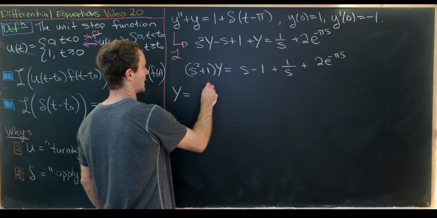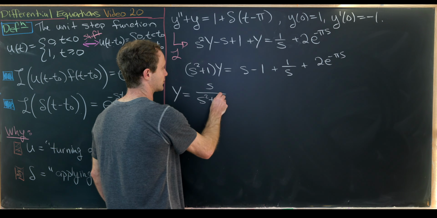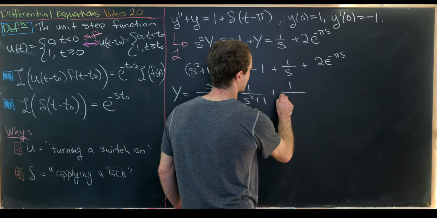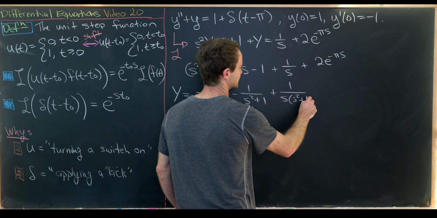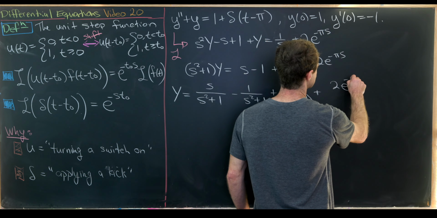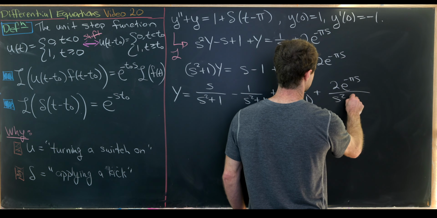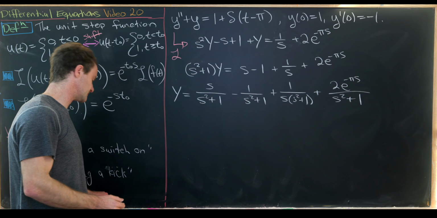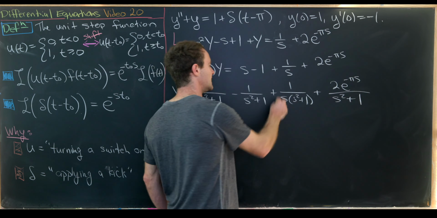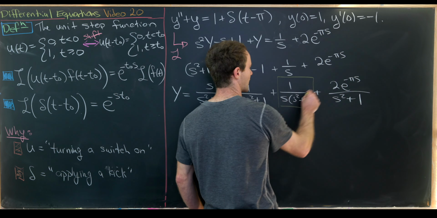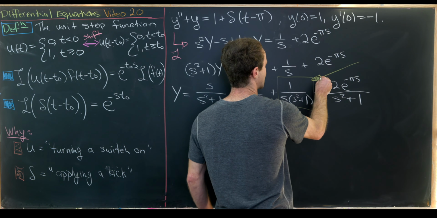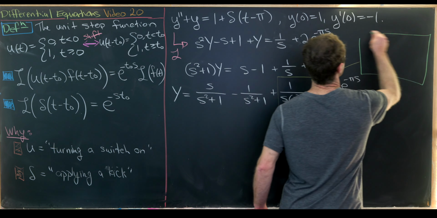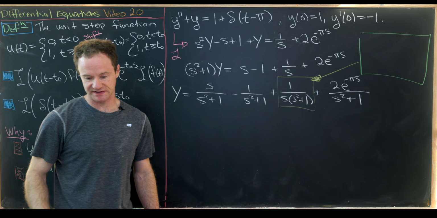That'll give us capital Y is s over s squared plus 1 minus 1 over s squared plus 1 plus 1 over s times s squared plus 1, and then plus 2 e to the minus pi s over s squared plus 1. All of this is pretty straightforward in terms of the inverse Laplace transform, except for this middle term right here. In fact, we'll need a partial fractions decomposition for this middle term right here. So let's write that over to the side.